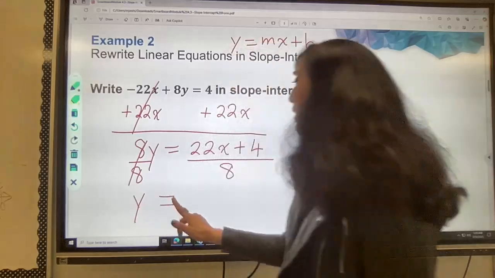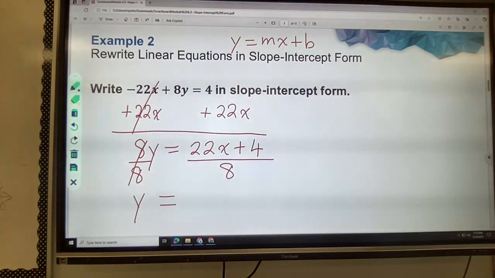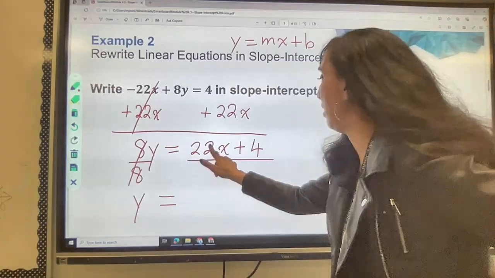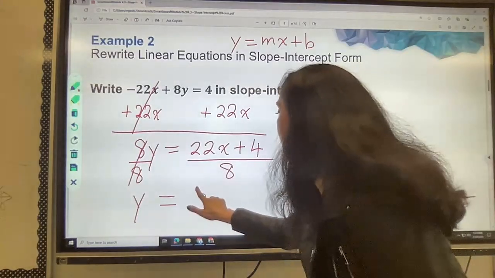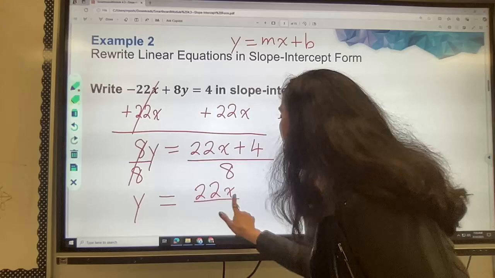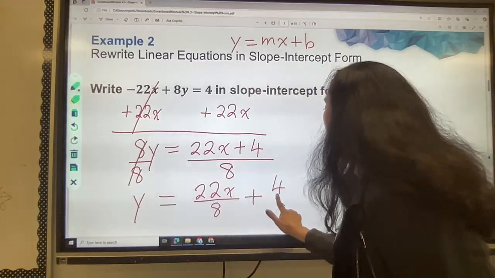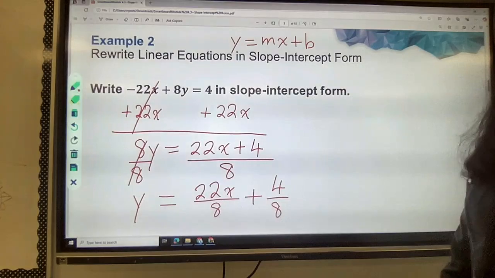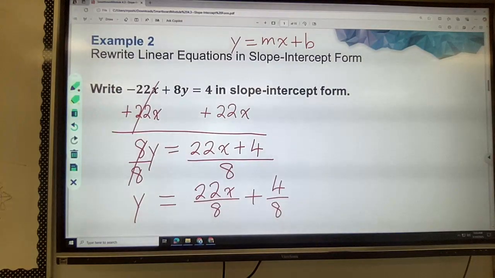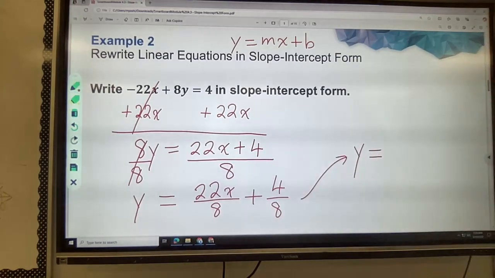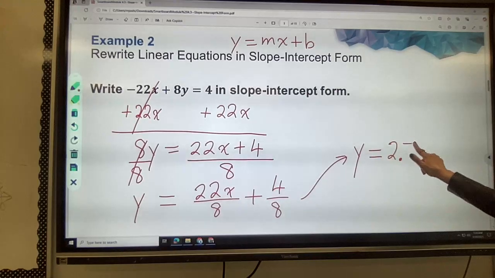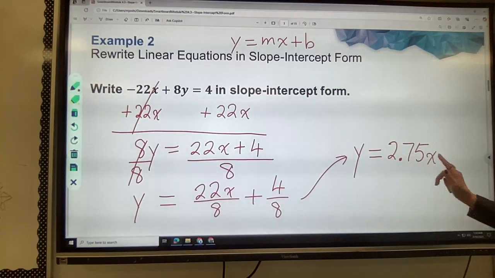And I have y is equal to, and so when I am taking each of them individually, this is what it means. I have to divide this by 8 and I have to divide this by 8. Okay, so this is like saying 22x over 8 plus 4 over 8. This is what it means. And then I am going to simplify it. And what do I get? I get y is equal to 22 divided by 8 gives me 2 and 7/7500 x.